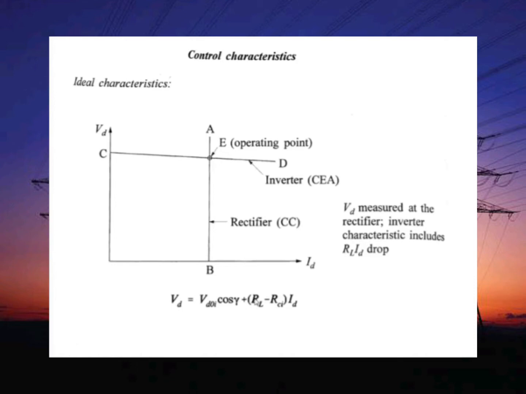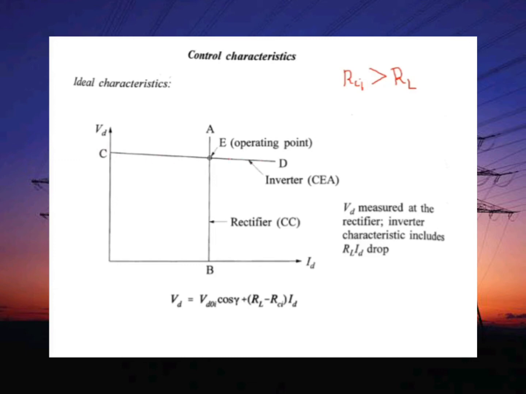So this gives the inverter characteristic with gamma maintained at a fixed value. If the commutating resistance of the inverter side, RCI, is slightly larger than the resistance of the line RL, the characteristic of the inverter is shown as CD, which has a small negative slope.